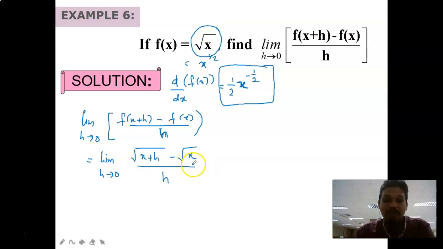So avoid that. In this case, we are going to multiply with the conjugate of the numerator, which is square root of x plus h plus, look at this one, negative, and turn it into positive here, square root of x, divided by square root of x plus h plus square root of x.